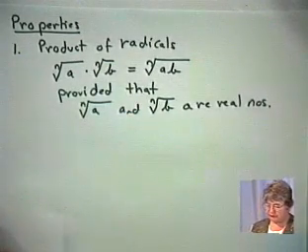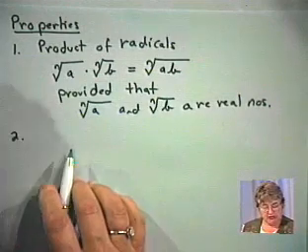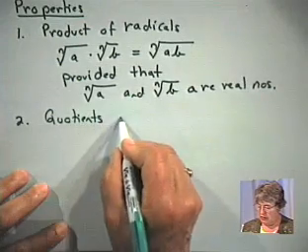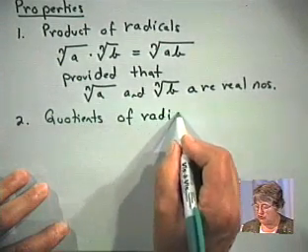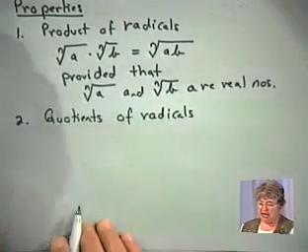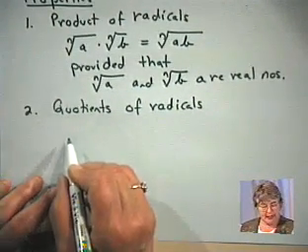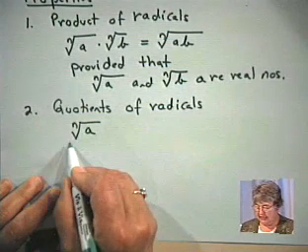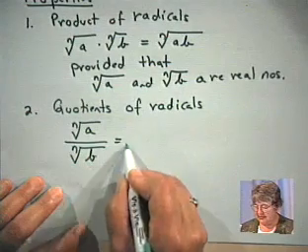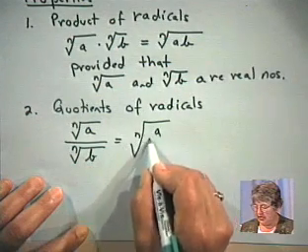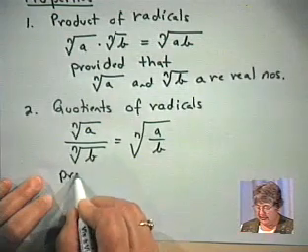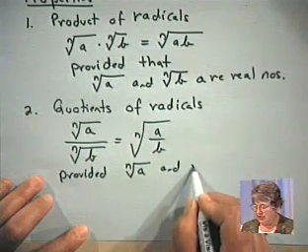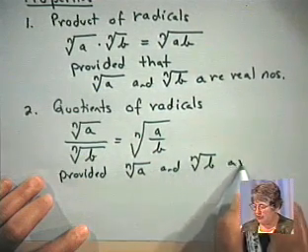We're also going to use the property of quotients. Keep in mind, this property works only if the index is the same, if the radicals are of the same order. Okay? For this one, if we have the nth root of a divided by the nth root of b, it equals the nth root of a over b, provided again that the nth root of a and the nth root of b are real numbers.